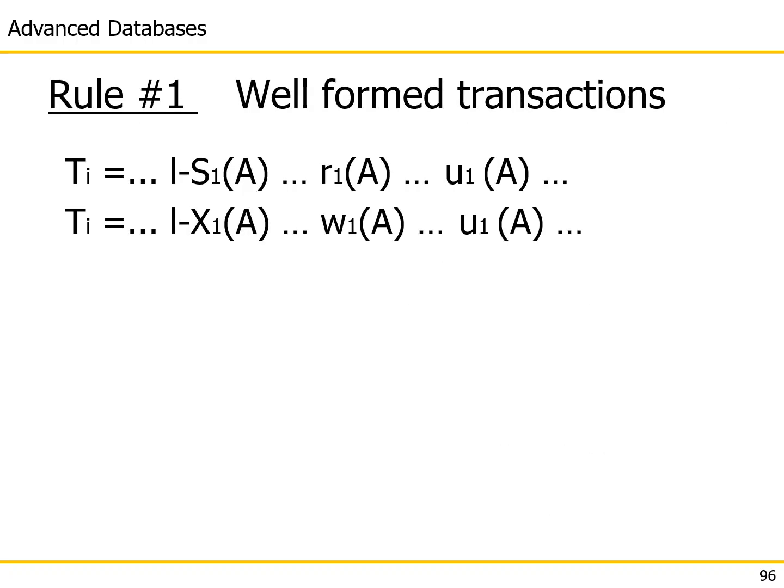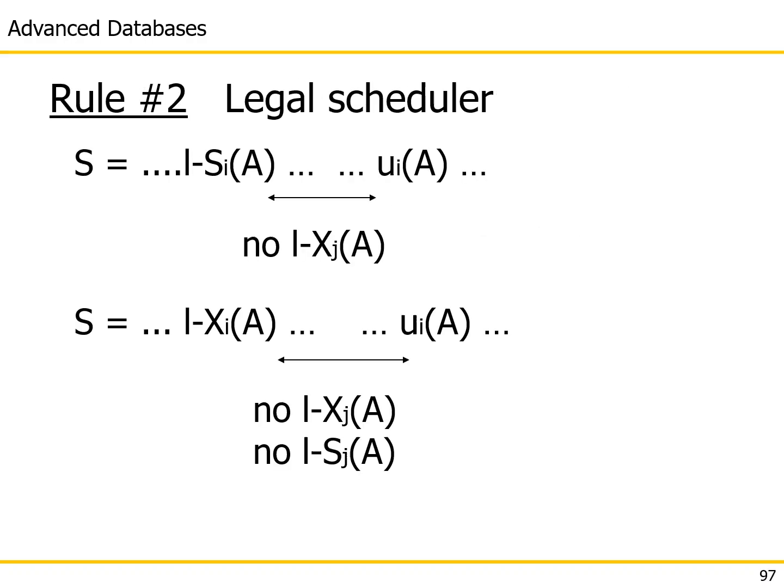Now, again here, the assumption is we have well-formed transactions, which means that the insertion of these locking statements is done properly by the database engine scheduler. When it requests a shared lock, it will release it after the reading, and when it requests an exclusive lock, that means we're going to do a write, and it will release it after the write.